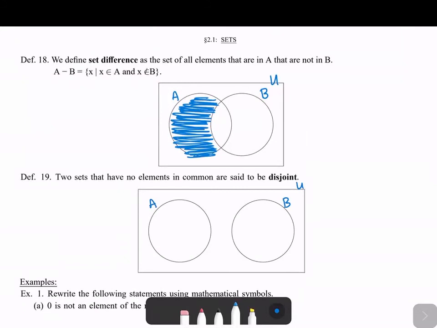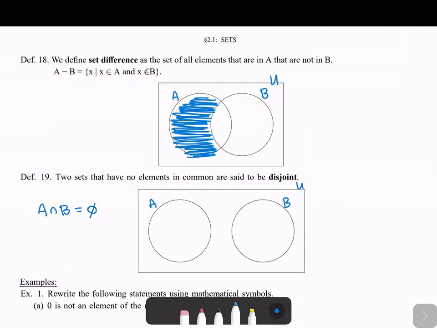There is no intersection. So one way that we can write this is that A intersect B, what would normally be the overlap of those circles, is nothing. That is the null set or the empty set. So A intersect B, the things that are in common to both of them, is nothing.